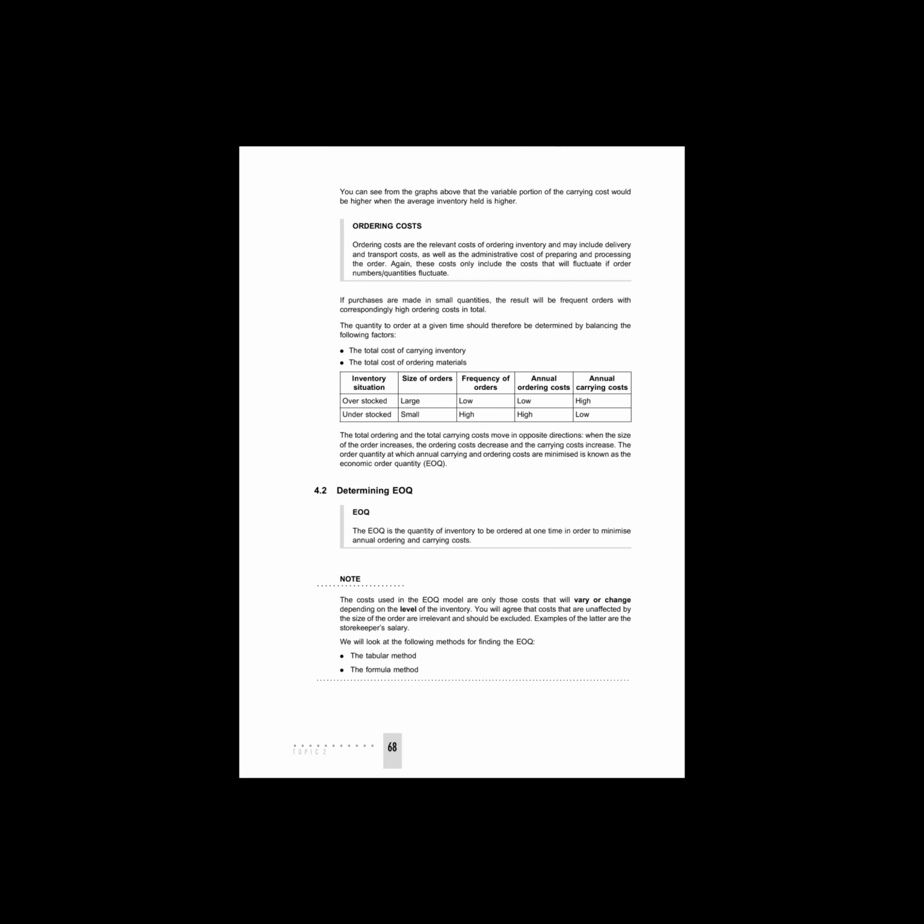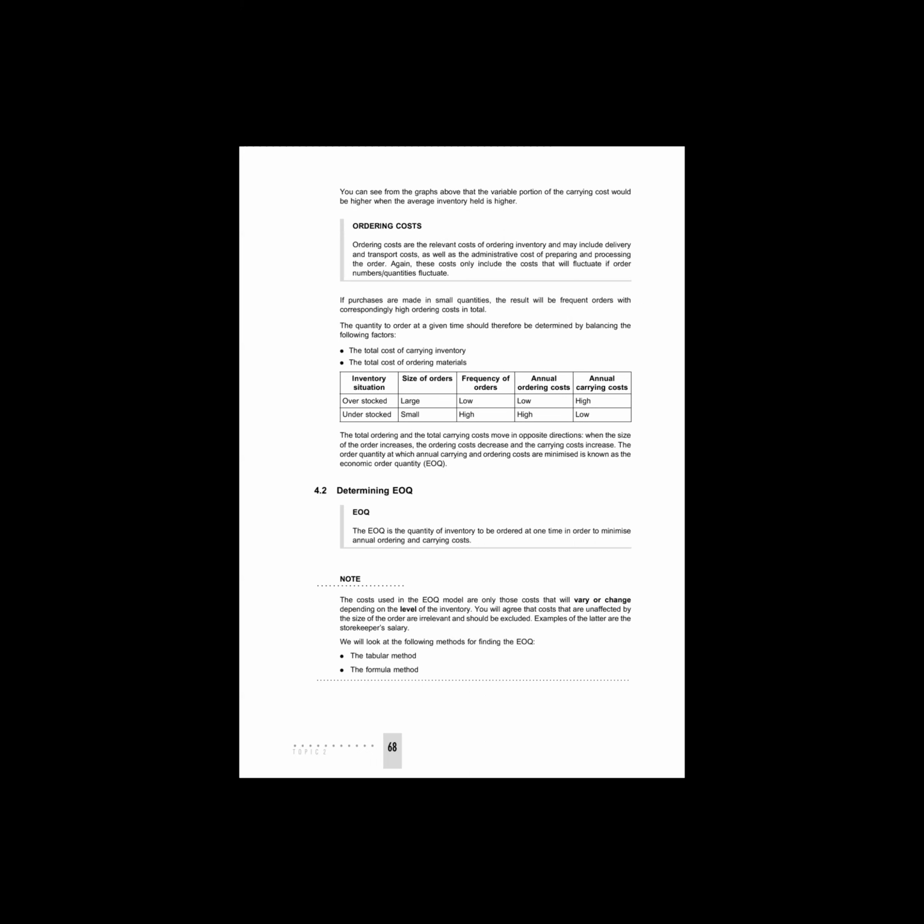The paradox here is this: let's say you are overstocked. Then there's a likelihood that the size of your orders is large and the frequency of your orders is lower. If that's the case, your ordering costs are going to be low and the annual carrying costs are going to be high.